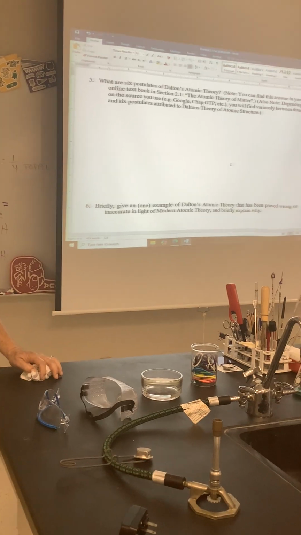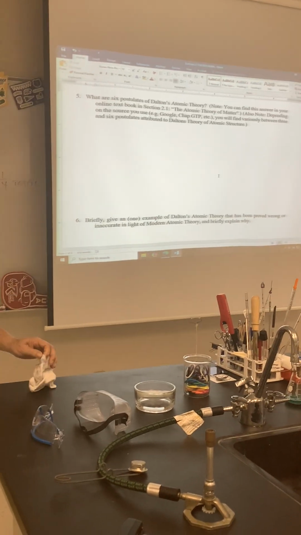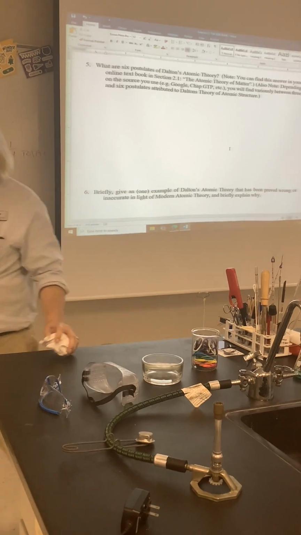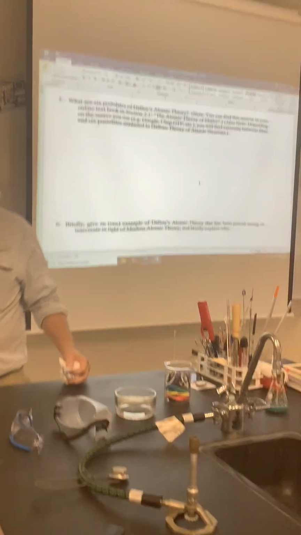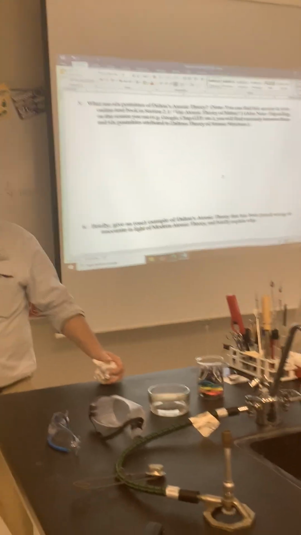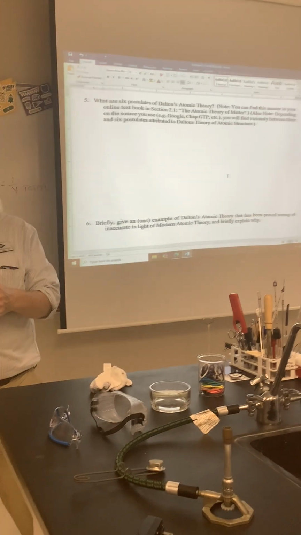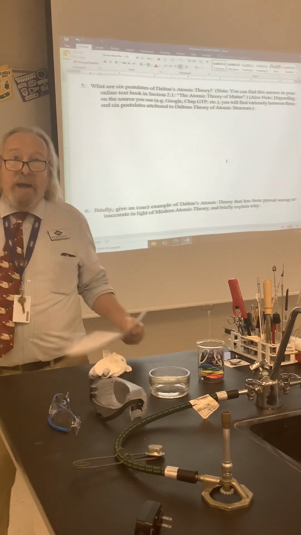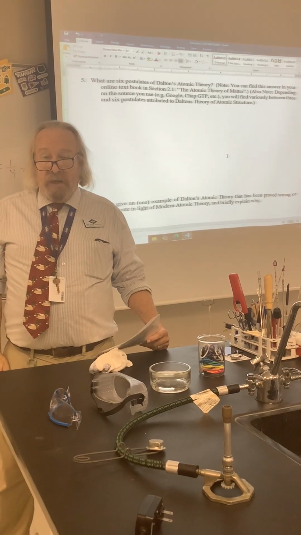Which brings up the next question. We know that many of these have been proved wrong. Many of his postulates are not maybe entirely correct. For example, I said all matter consists of indivisible atoms. We know now you can divide up an atom.